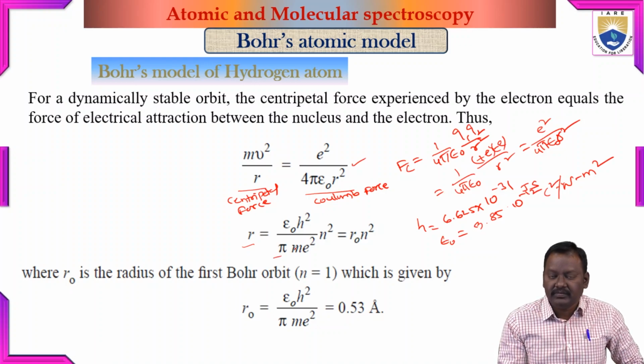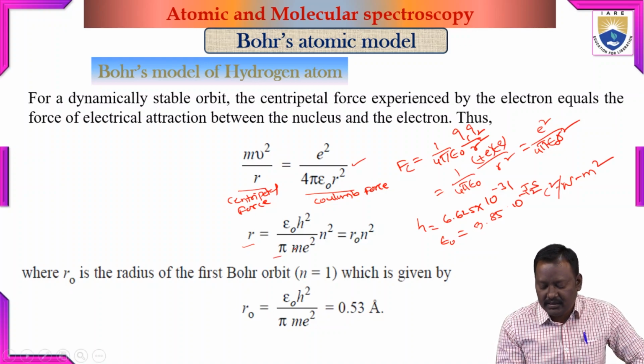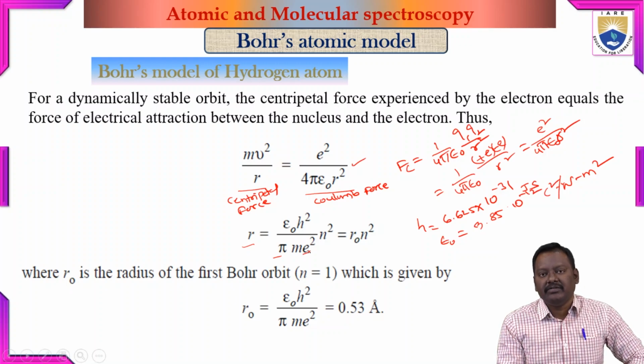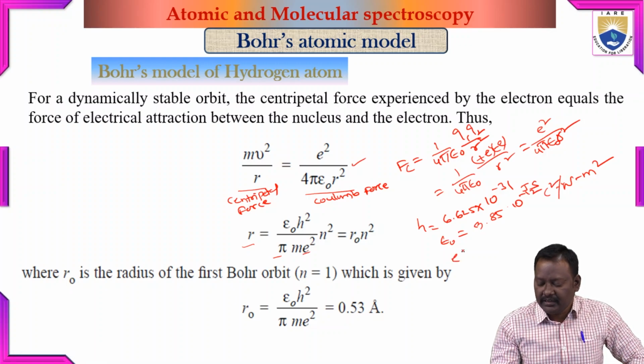Pi is also a constant, and the charge of the electron equals 1.6 into 10 power minus 19 coulombs.